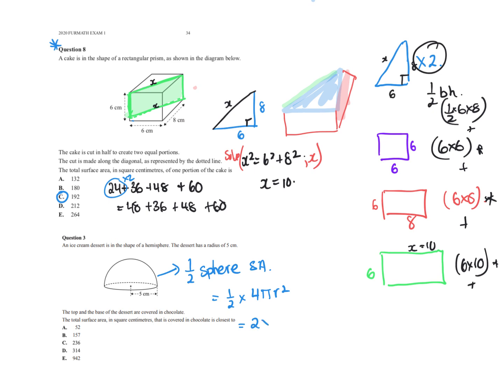So it's going to be 2 times pi r squared, which is 2 times pi times the radius squared. So I get 2 times pi times 5 squared, and that equals 157. So 157.